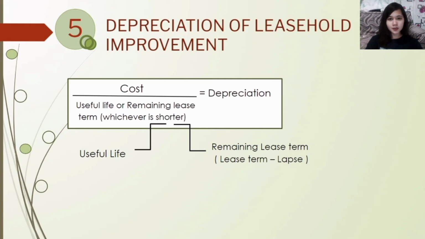Then, after 2 years na, bago ka pa lang naglagay ng leasehold improvement, ilalas mo yon sa lease term mo. And then, plus renewal option. Kung meron probable na mag-extend ka ng lease ng pag-upa mo, idadagdag mo yon sa remaining lease term. So, after that, i-compare mo na yung dalawa, whichever is shorter.